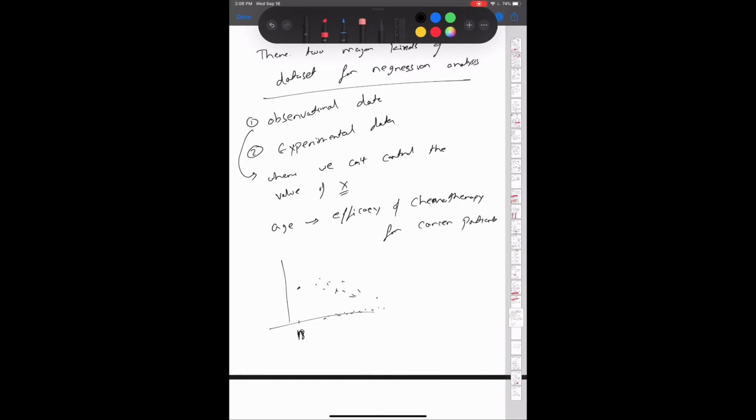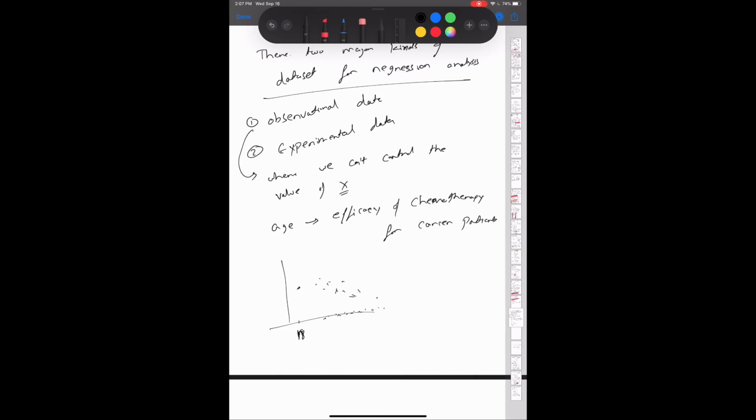The goal of the doctor is to make the best guess of the amount of dosage the patient should get. And in those cases, it's a little bit hard to understand the causal relationship between dosage and outcome. So what would the causal relationship be? The causal relationship would be that higher dosage was the reason that the patient is doing better.